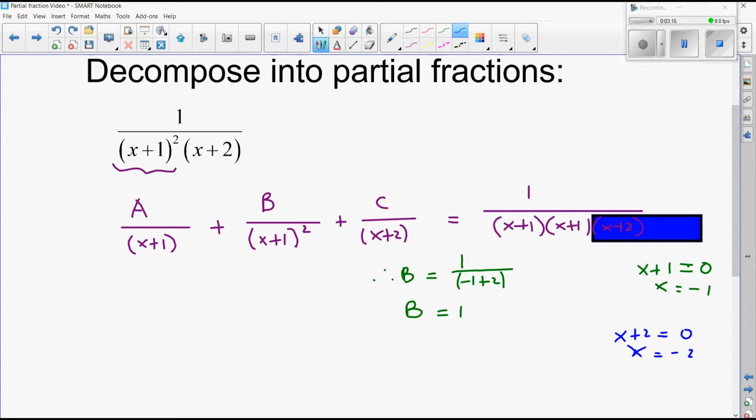I substitute the value negative 2 into the right-hand side, and that will give me the value of c. Because when I use the cover-up method, the factor that I cover up gives me the value of the numerator above that factor. So c is going to be 1 over, and I substitute, I've got negative 2 plus 1 squared, and that's going to give me a value of c. So c has a value of 1.